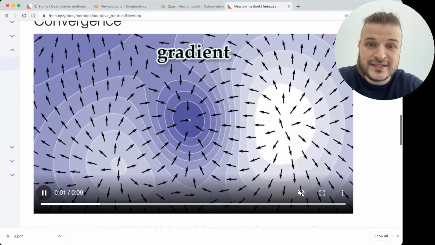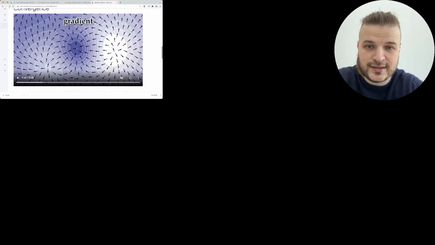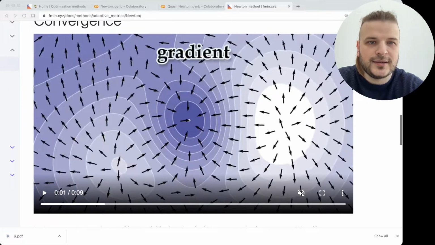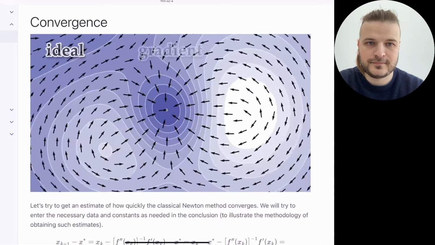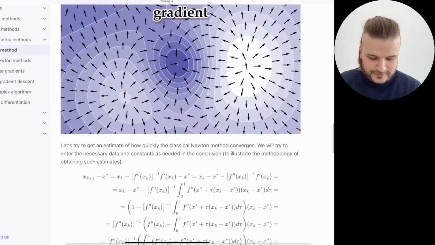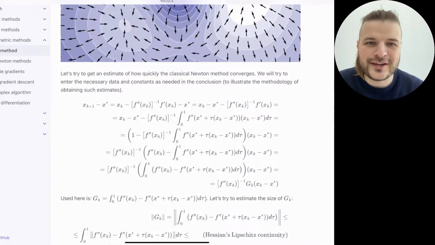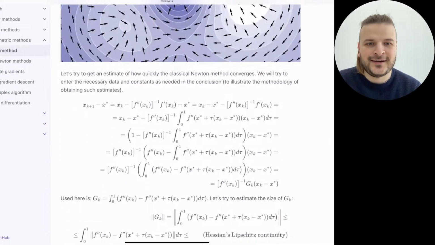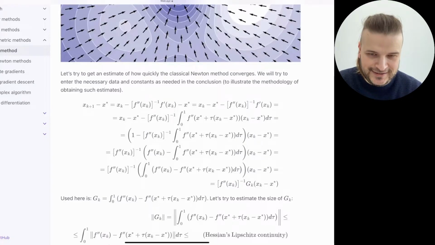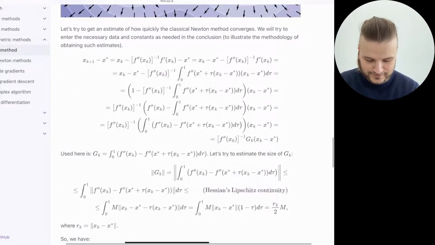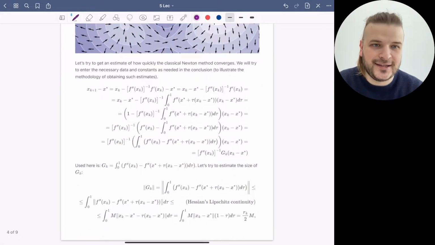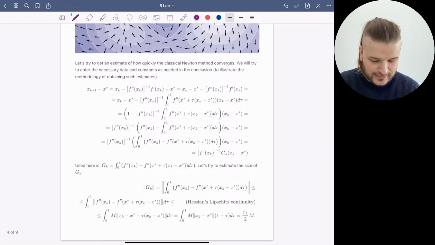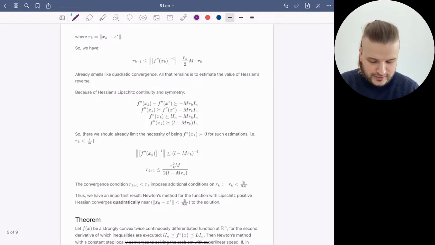But what's interesting when comparing these methods is the convergence speed of the Newton method. Here's the proof of convergence for those of you who are interested in a strict derivation, but I'll go directly to the conclusions.